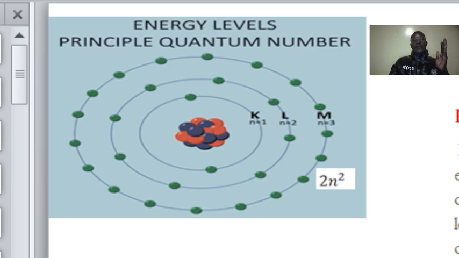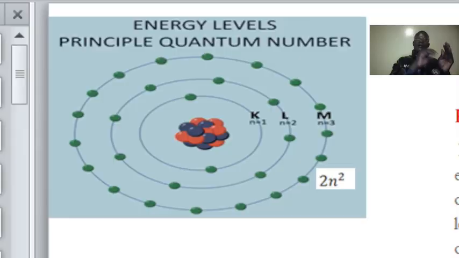The number of electrons occupied by each quantum shell increases away from the nucleus, as we have the K shell, the L shell, the M shell, the N shell, the O shell, and the P shell.